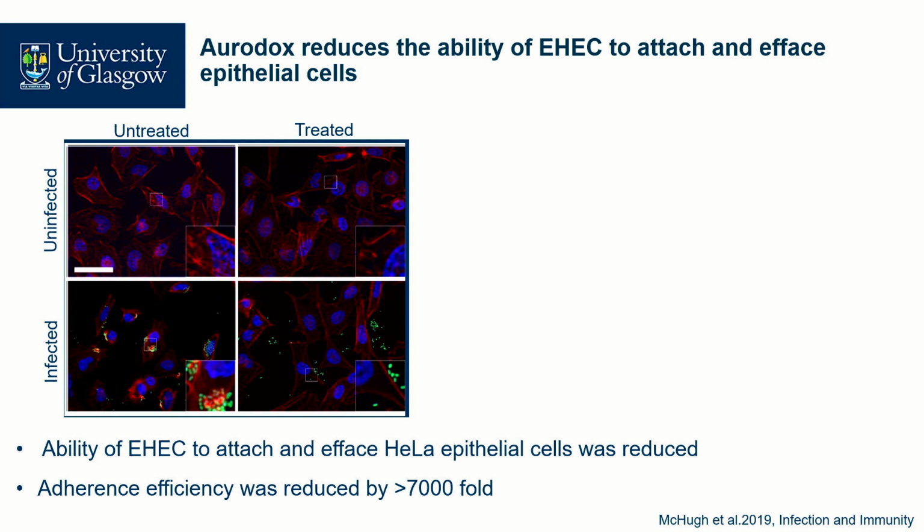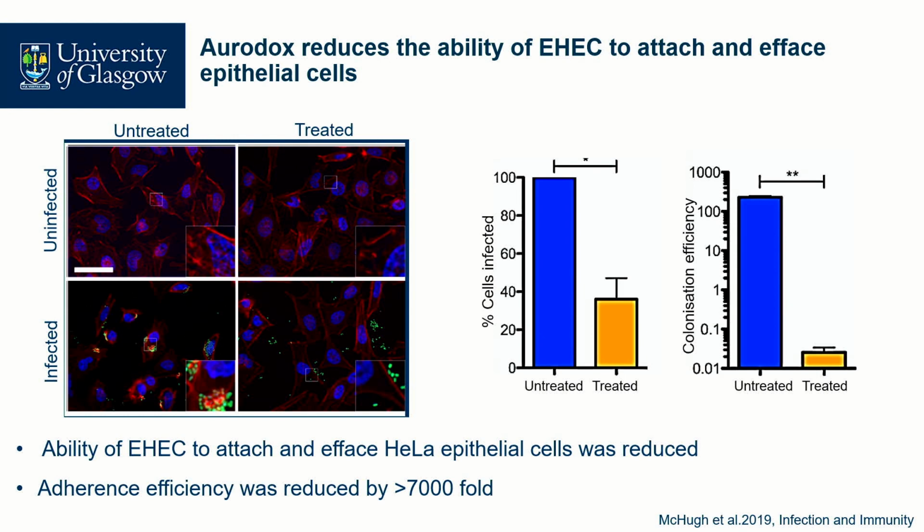And these GFP tagged EHEC bacteria are using their type 3 secretion system to form these tight microcolonies on the epithelial cells, and they're forming actin pedestals or lesions, which are really characteristic of EHEC infection. When we add Orodox, although the bacteria are still there, they're still present, they aren't able to form these colonies or form these actin pedestals. So we knew that this compound was acting, and we knew this compound was fairly potent in this activity.